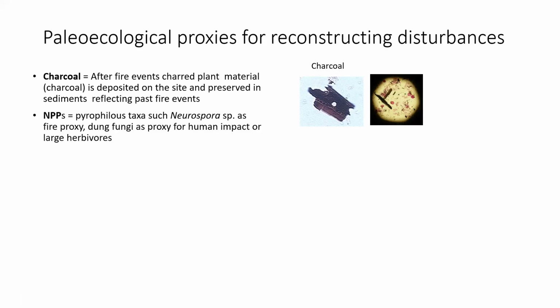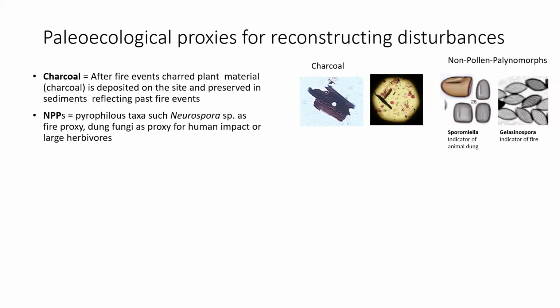As I mentioned in the previous lecture, we can use certain fungi and spores that are growing in the burnt material and need certain temperatures to germinate. Also, we can use spores from fungi that are growing on dung, and that can be used as an indicator of human impact or maybe disturbance caused by large herbivores in the forest or on the ecosystem.